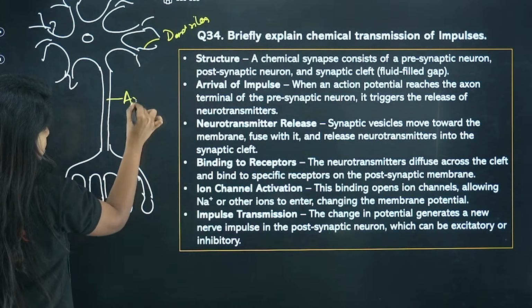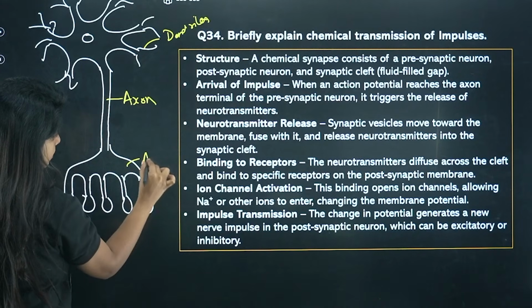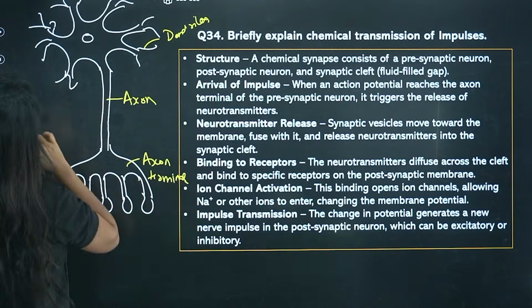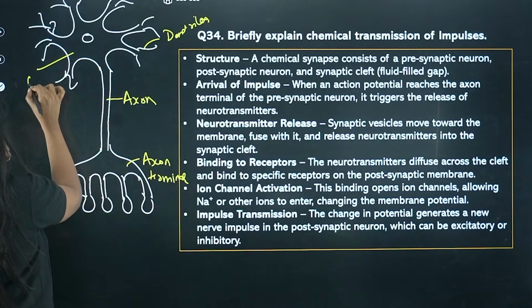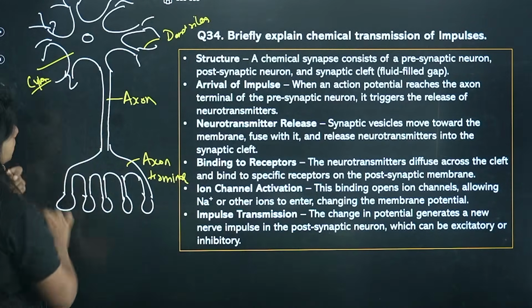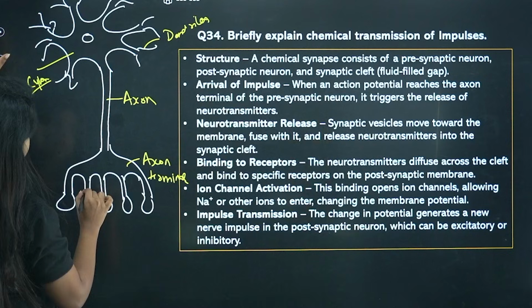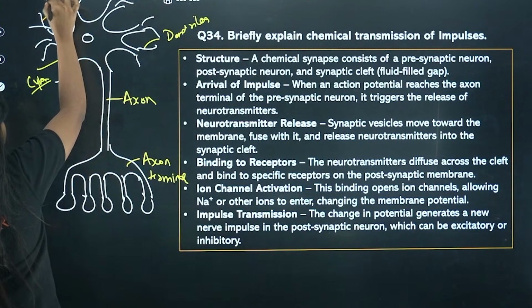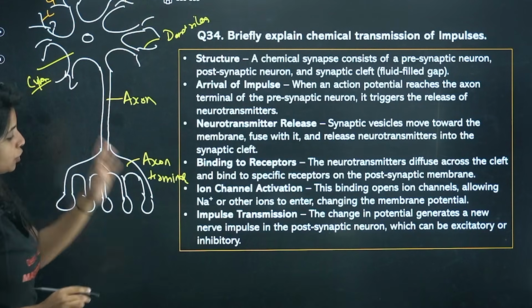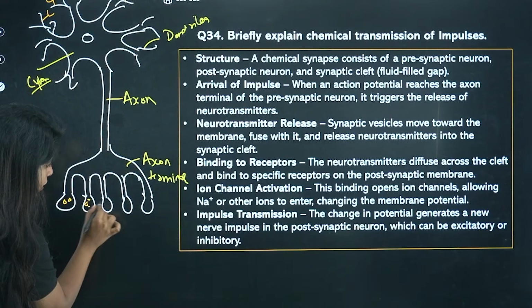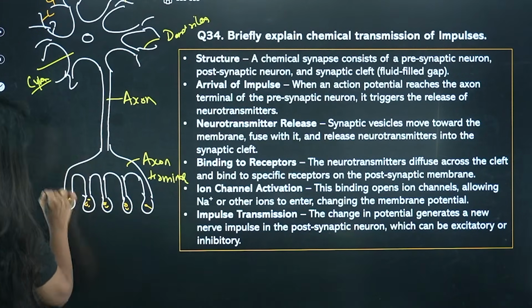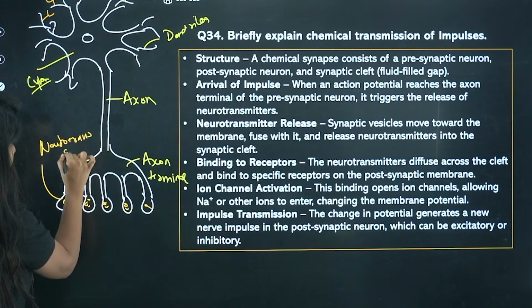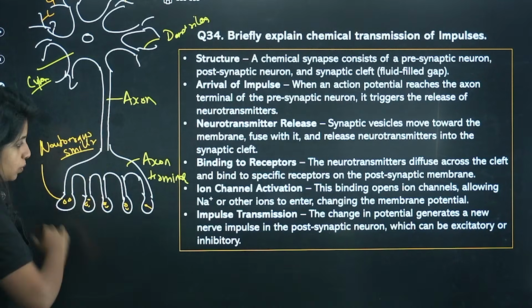This is the axon and this is the axon terminal. Here you have so many receptors on the dendrite. So listen to me very carefully, and here you have neurotransmitters. So I'll tell you how things work.